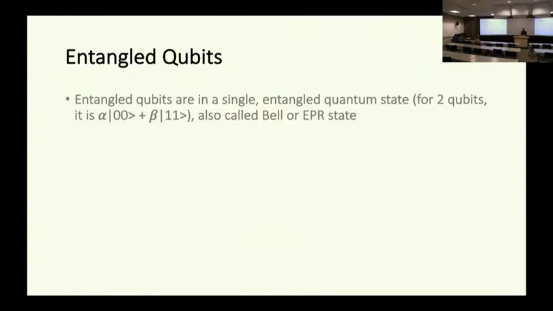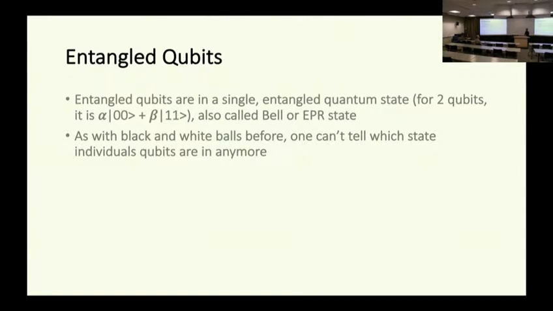So when you entangle qubits, then they basically, as I said, they glom together. You can't tell them apart. So for 2 qubits, this state is represented as alpha 00 plus beta 11. It's also called Bell, EPR, Einstein, Podolsky, Rosen state, because these guys were the ones who were talking about these things way back when, talking about entanglement.